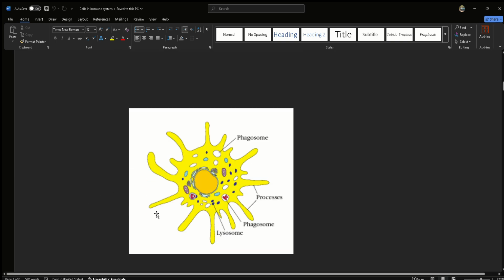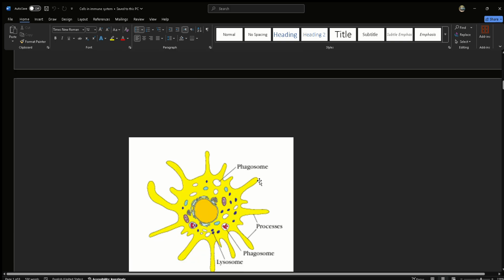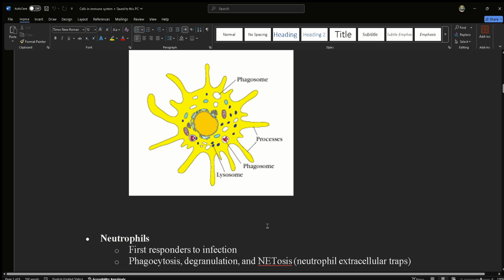So here you can see this dendritic cell is more or less similar to the macrophage, but it has more cytoplasmic extensions, and it is written that it will migrate to the lymph nodes, and most of them will be in the thymus.